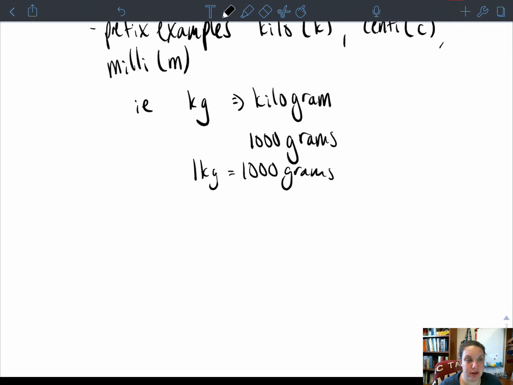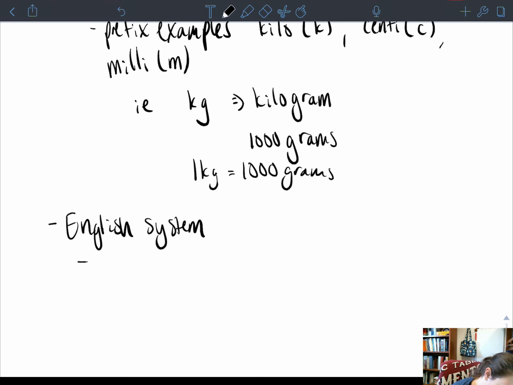So using these units, and we almost always use the metric units with their prefixes, but another system we look at is the English system, and that's probably what you're most familiar with. This includes stuff like pounds as a mass, inches for length, and so on and so forth.